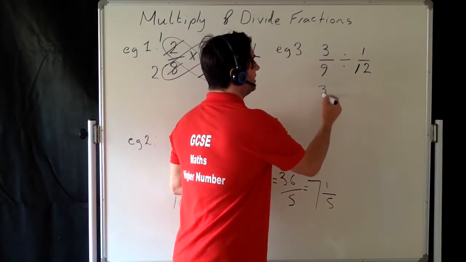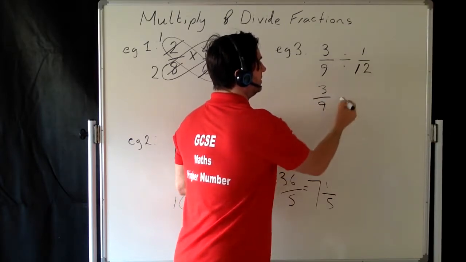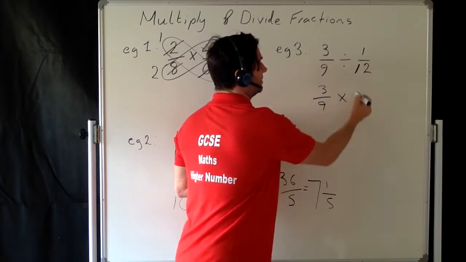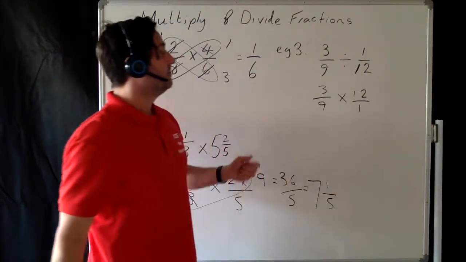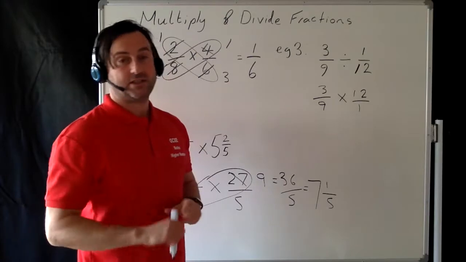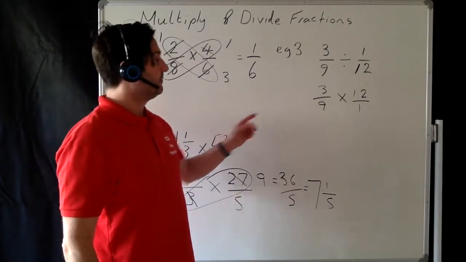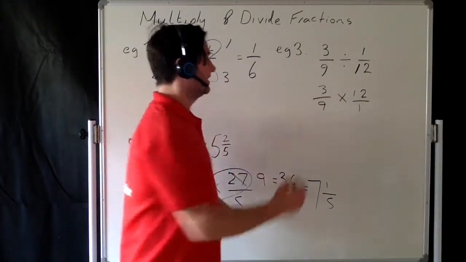So if we change the divide to a times and turn the second fraction upside down, I can now just do it exactly as I did before when I was multiplying. Look for any cross cancelling that can be done.